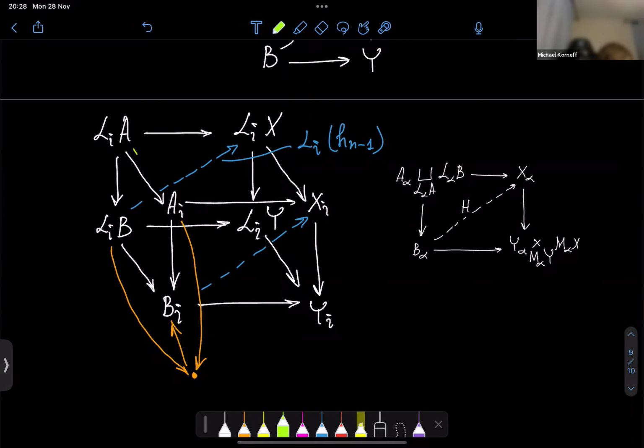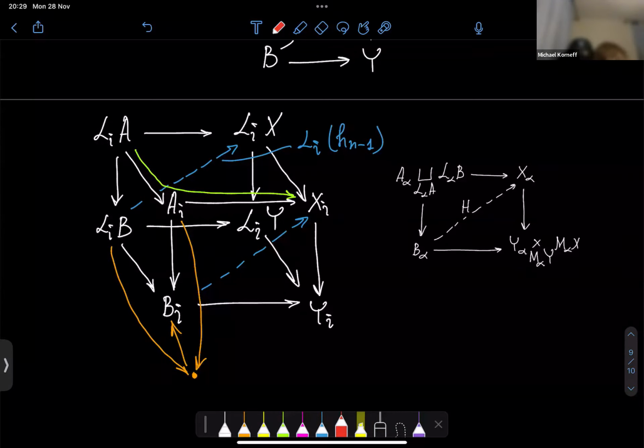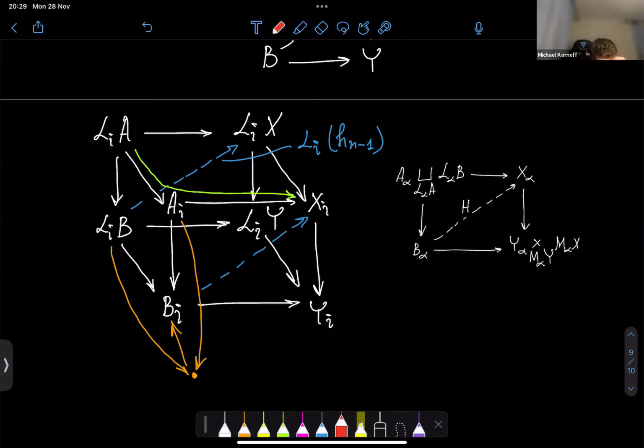We can form the following green composition, and also we can form the following red composition.